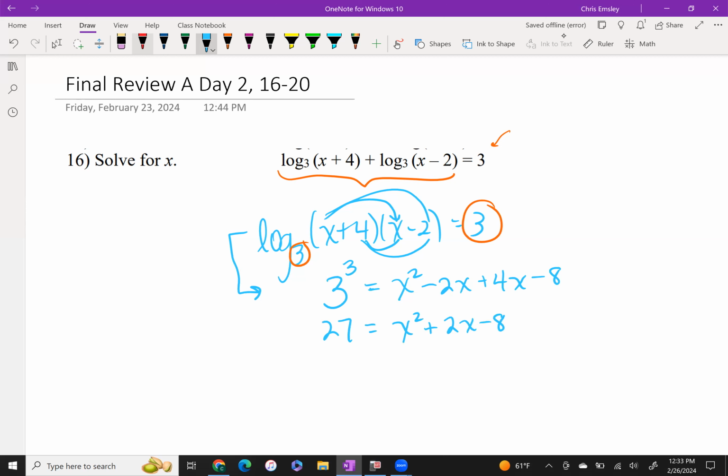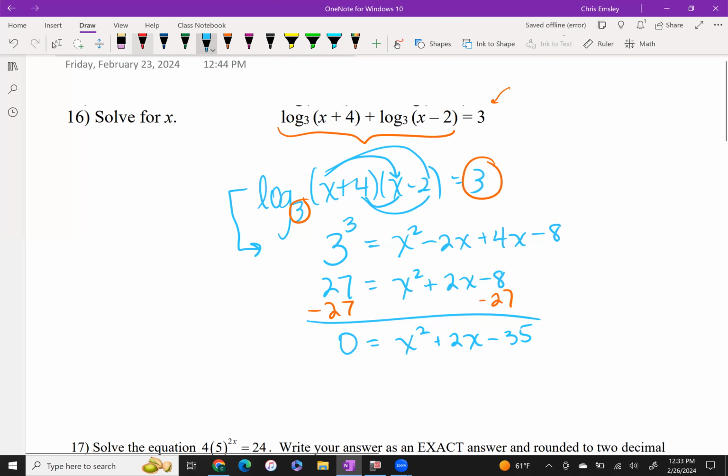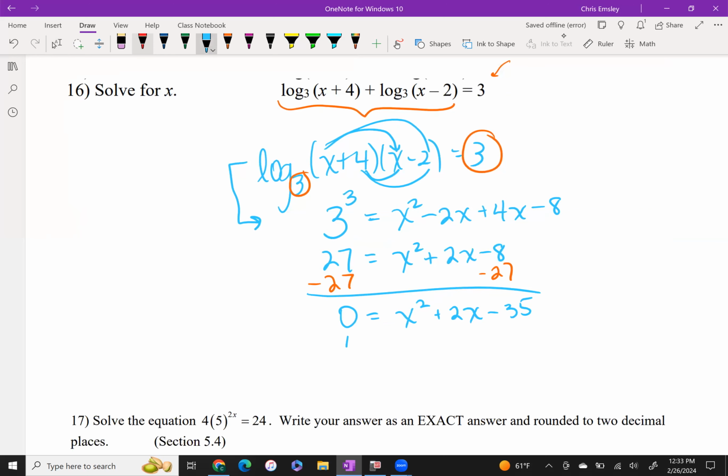This is now a quadratic equation. Anytime we have a squared variable in there, we have a quadratic equation, and we need to use one of our quadratic solving techniques to solve it. That would typically be either factoring or the quadratic formula. This one looks like it's going to factor pretty easily.